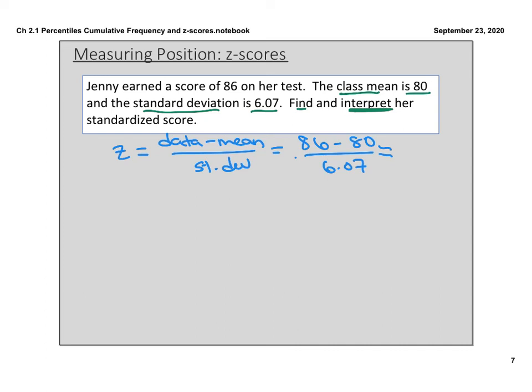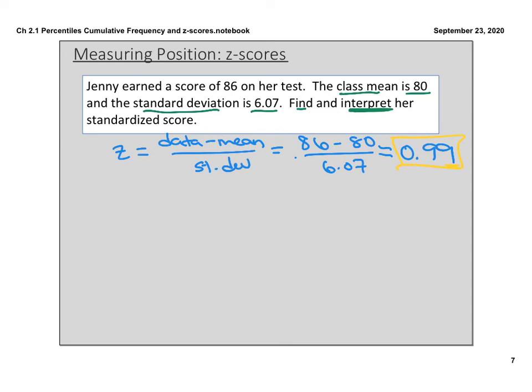If I take 6 divided by 6.07, I get 0.99. Okay, typically our standard deviations go out to the hundredths place. So I would round that 8 up to the 9, okay? If you typed that into your calculator, you can see what I'm looking at. But anyways, we're going to go out to the hundredths place and we're going to round there. Okay, that's the easy part.